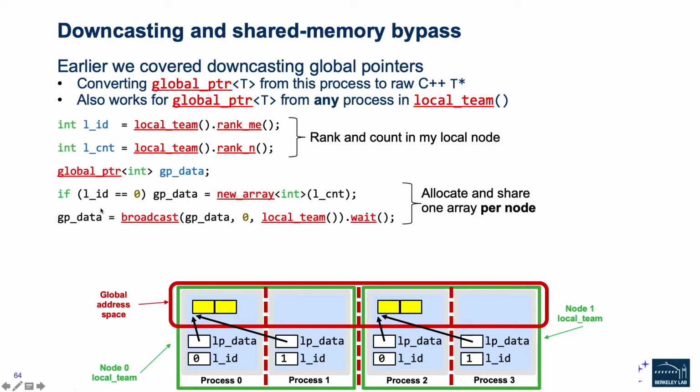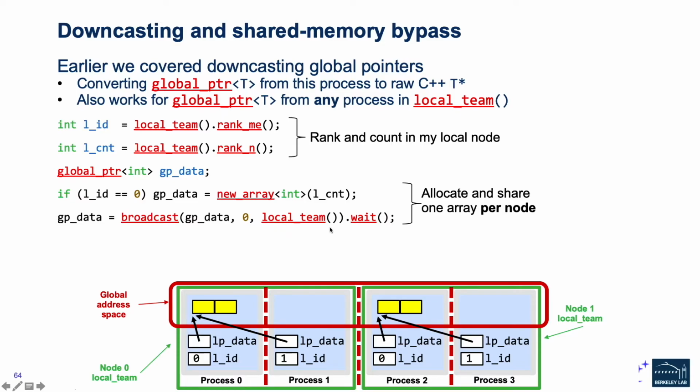Then we'll have only process 0 with respect to a local team do the data allocation. The number of elements it allocates corresponds to how many processes are in that team. The result of our allocation, because we're using a UPC++ function to allocate within the shared segment, is a global pointer. Then process 0 in each team can broadcast that pointer to all the other members of the team.